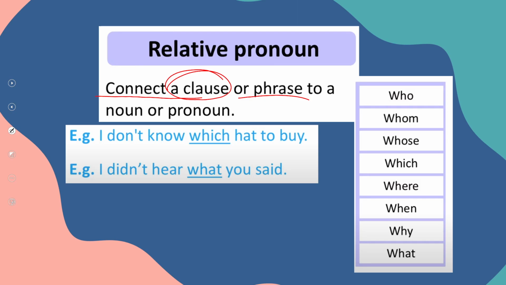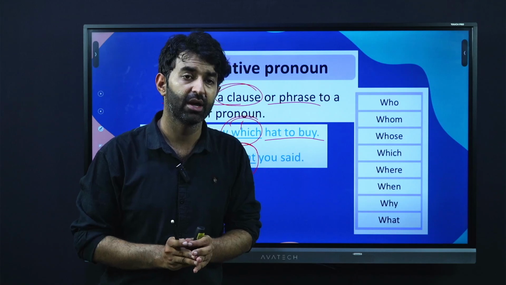Let's see. For example, I don't know which hat to buy. Or I didn't hear what you said. This relative pronoun is telling us something.